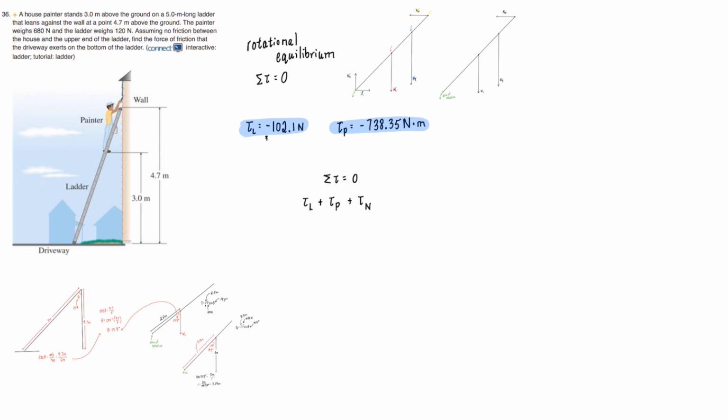So these three torques have to cancel one another out. And so we're going to plug in these values that we calculated for the torque of the ladder in here. And doing that, we end up getting this equation.